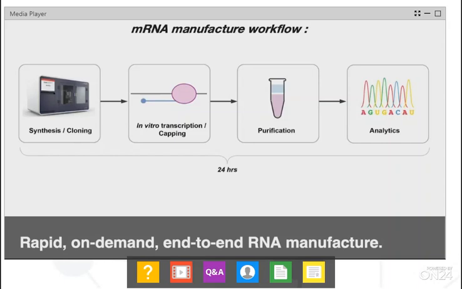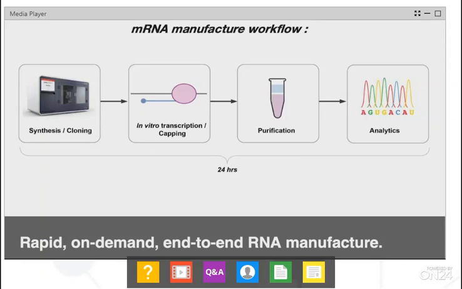Now, given this ability to rapidly synthesize and assemble the sequences, combined with a relatively quick RNA manufacture workflow, we aim to achieve end-to-end manufacture, so from initial design to the final purified mRNA product within 24 hours.